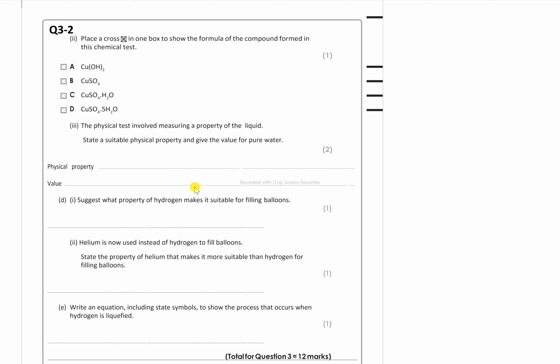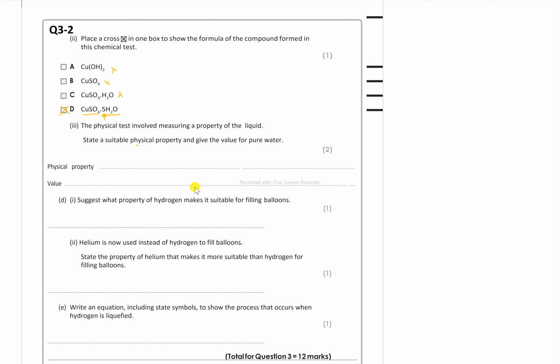It's copper sulfate but hydrated. Copper sulfate hydrated. You've just got to know that.